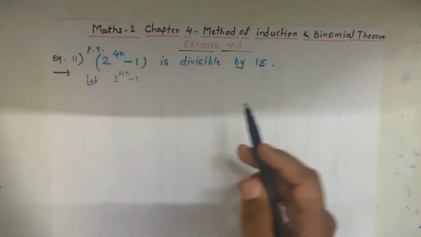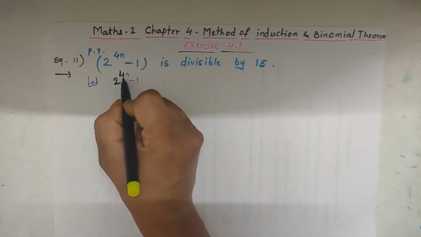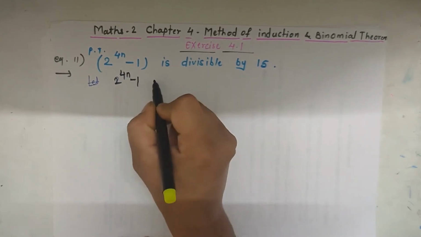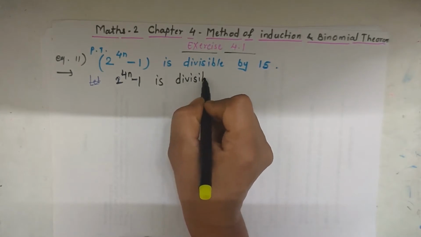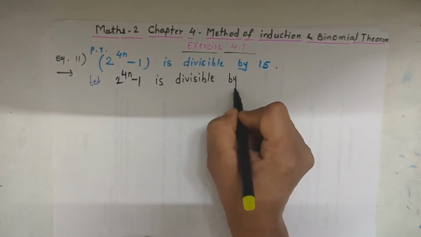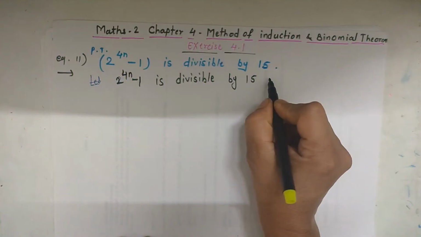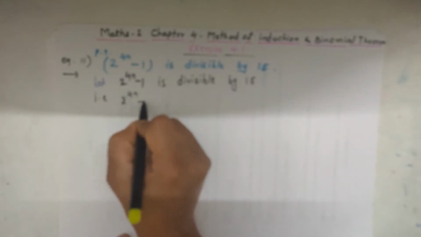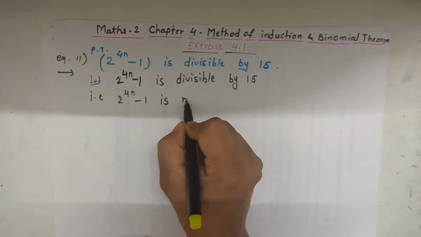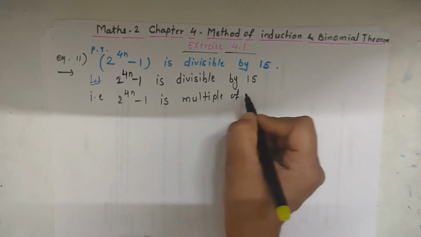So the given number 2 raised to 4n minus 1 is divisible by 15. Divisible by 15 means that we can say 2 raised to 4n minus 1 is a multiple of 15.